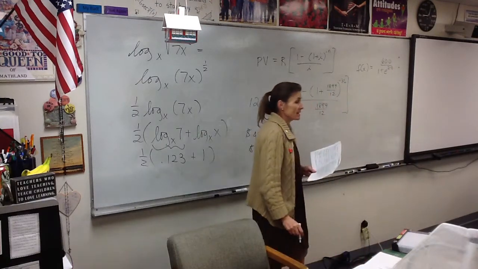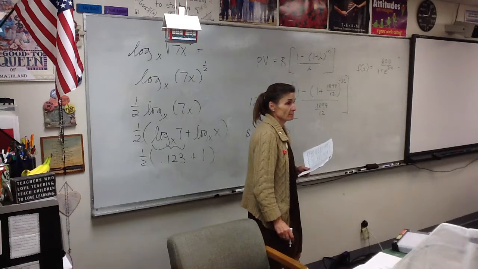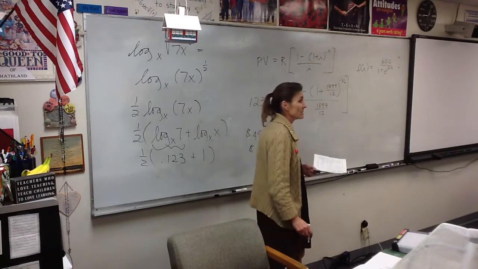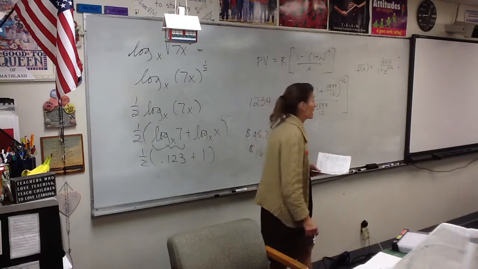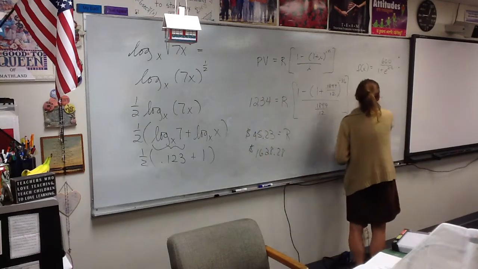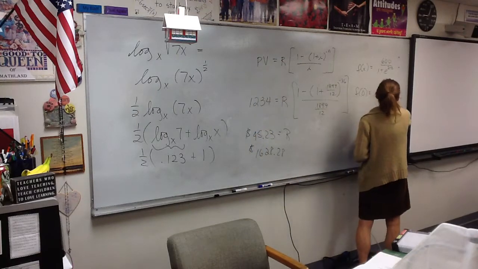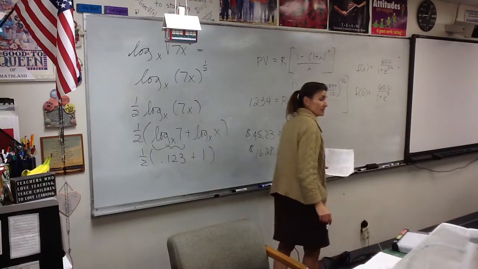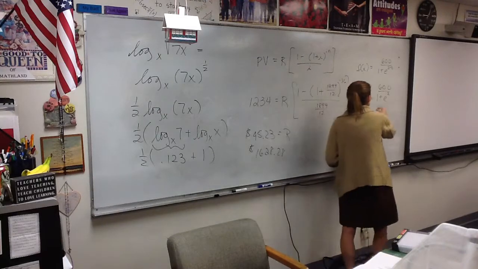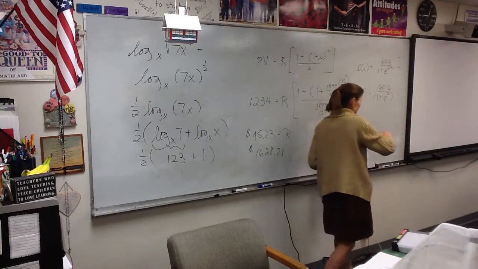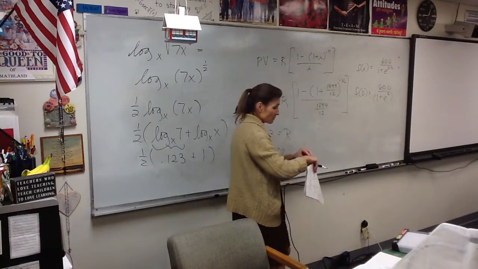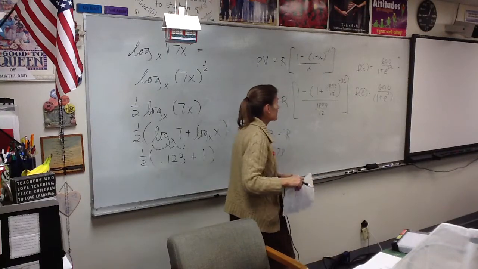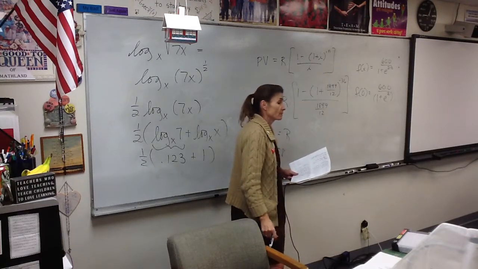How would we find that? Put 0 in for T. Initially means at the beginning when the time is 0. So if we put 0 in for T, then we'll just type that in our calculator and get the answer. Make sure that's in parentheses when you type it in. Anytime your denominator has more than one thing, make sure it's in parentheses.